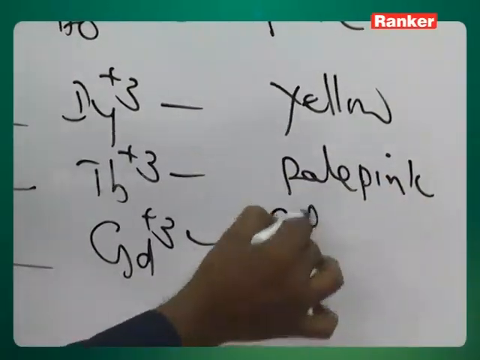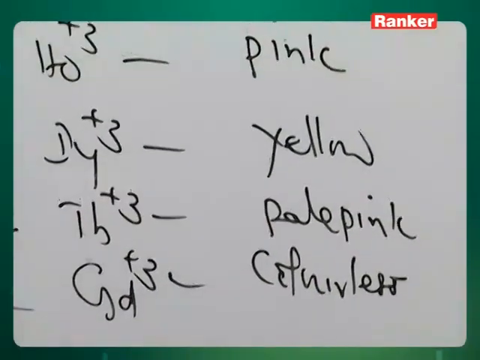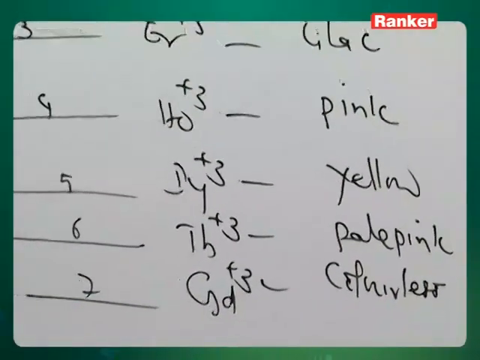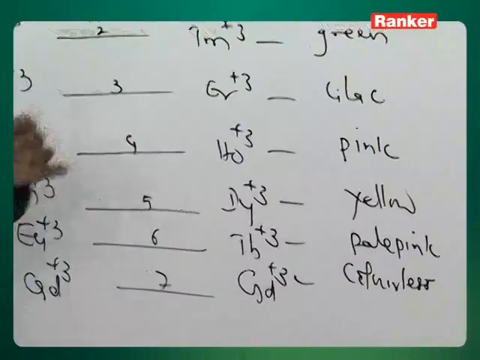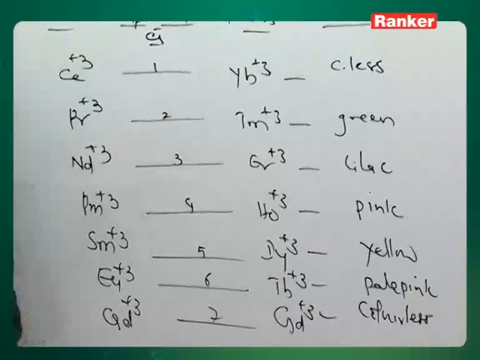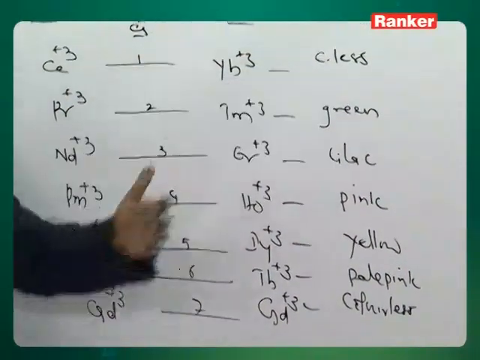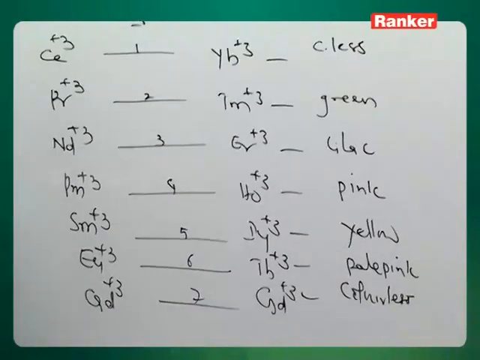The last one is also colorless, with 7 unpaired electrons. Like this the 14 lanthanides we make into 7 pairs. As I said, each pair carries the same number of unpaired electrons. Once the unpaired electrons are the same for a pair, they exhibit more or less identical color.